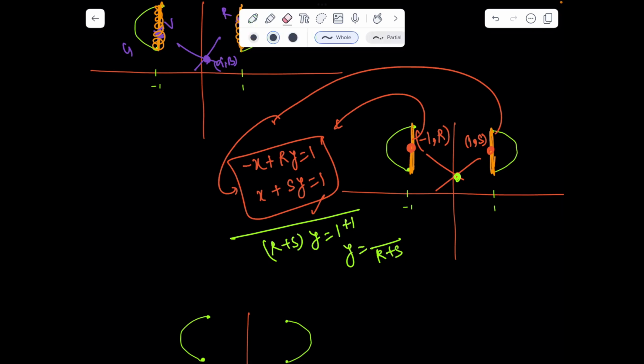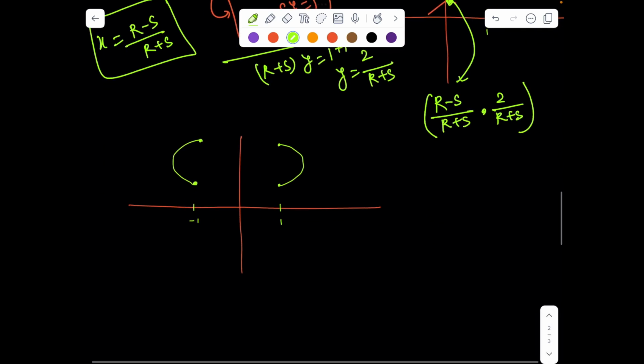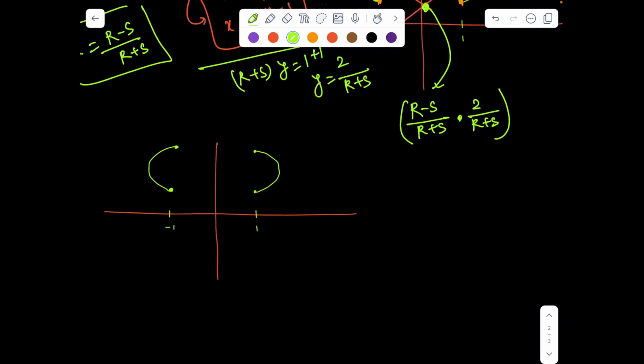Plugging in the value, can we check once? It will be (r minus s) by (r plus s). So hence the coordinates of the point of intersection in the transformed world, in fact it's not a transformation, it's a smart world, is (r minus s, 2) by r plus s.